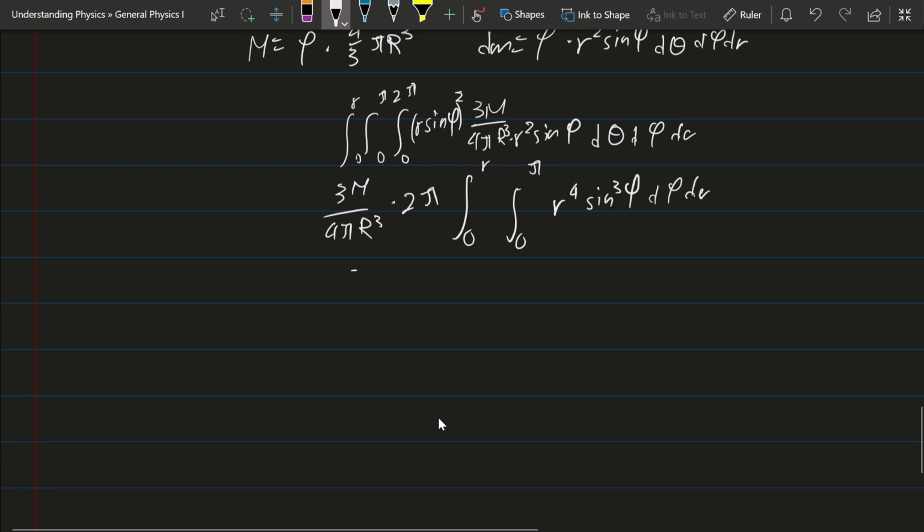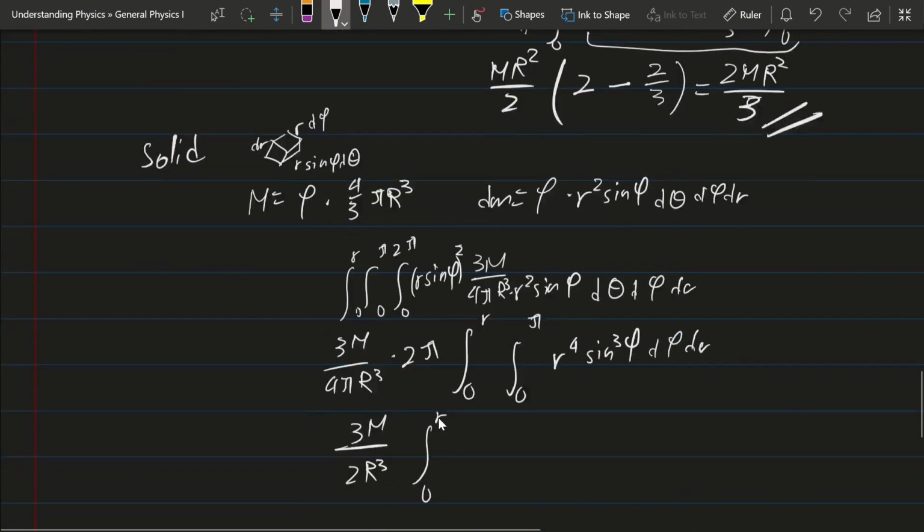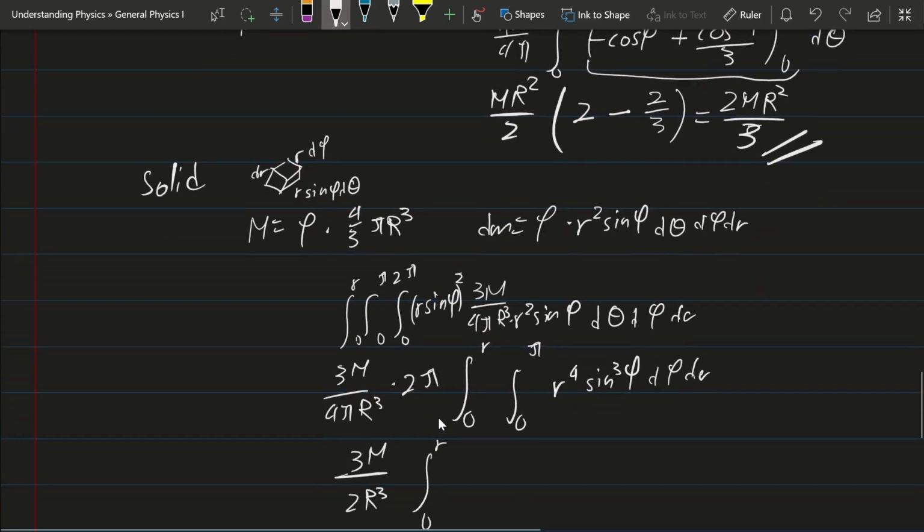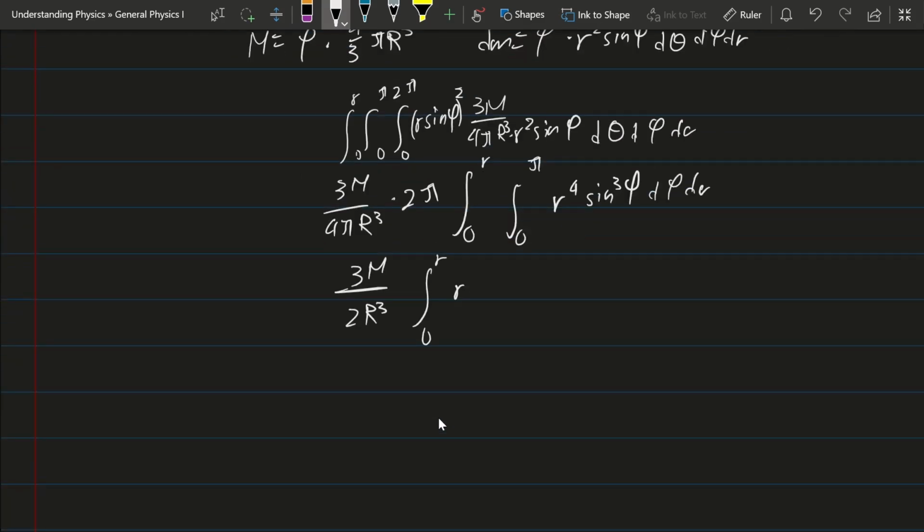So doing the integral now, it's 3m over 2r cubed, the integral from 0 to r of this value, which we have already figured out to be 4 over 3 last time, was it? Yeah, it is 4 over 3. So it is r to the power 4, so basically we can filter out this r to the power 4 outside. So we'll just do the integral from 0 to pi of sine cubed phi, which is 4/3.